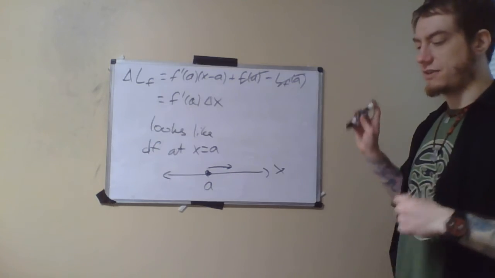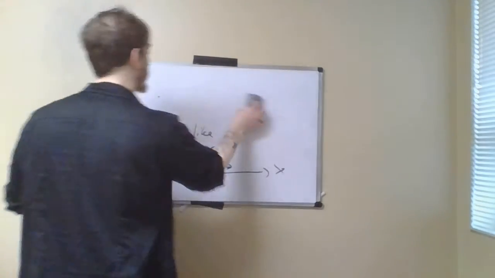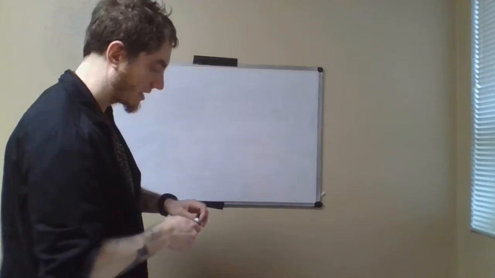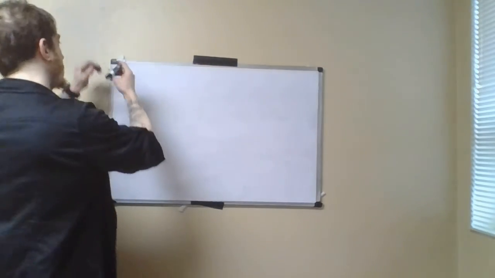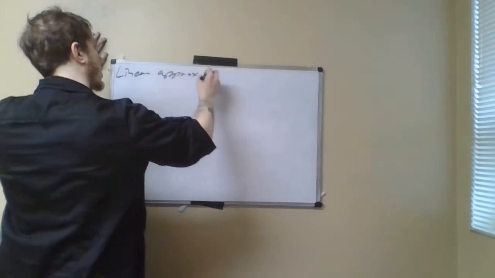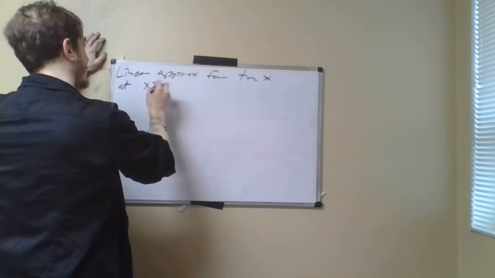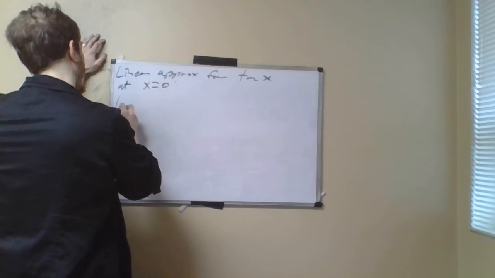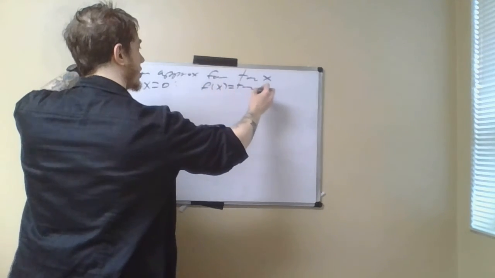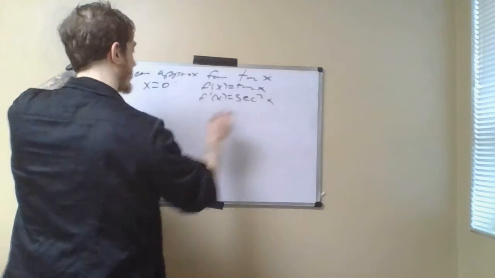One other interesting thing that I do want to observe here is that sometimes two different functions can have the same linear approximation even though they are very different functions. So if I want to do a linear approximation for tangent x at x equals 0, well, if I take f of x equals tangent x, then f prime of x is going to equal secant squared x.